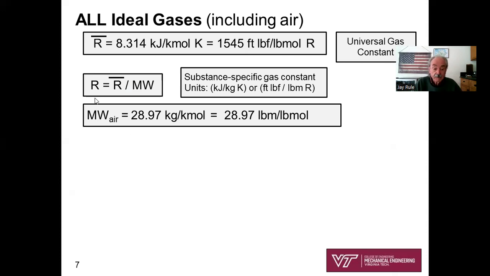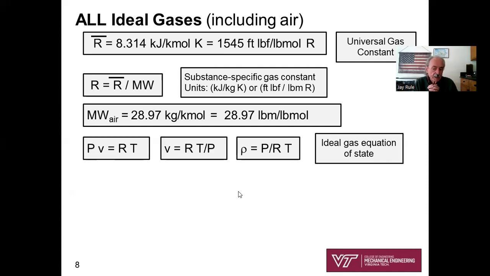Whenever you need to determine R, the gas constant for a specific ideal gas, you go R bar over the molecular weight. It is my hope that you've memorized that the molecular weight of dry air is 28.97 kilograms per kilomole, which exactly equals 28.97 pounds mass per pound mole. That gets you started on your analysis.